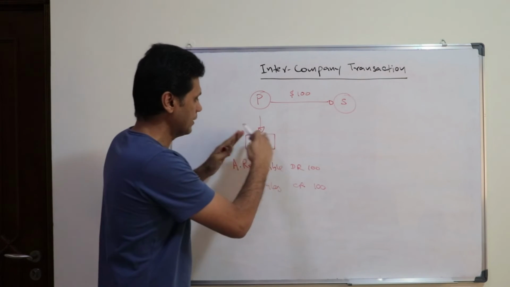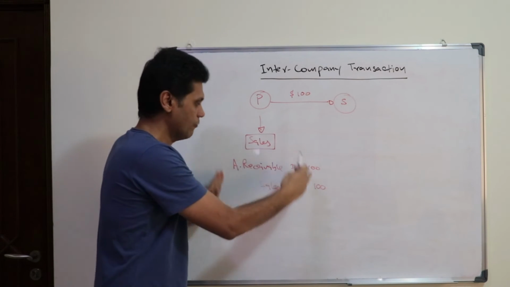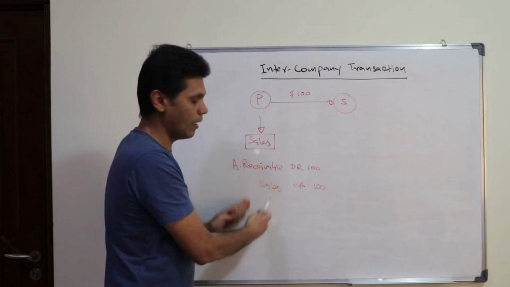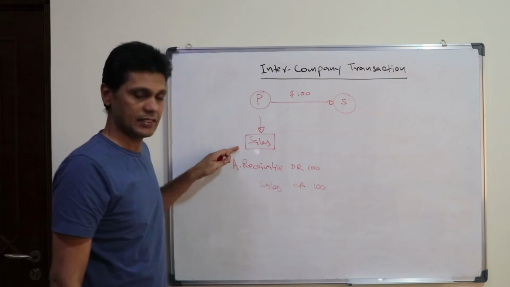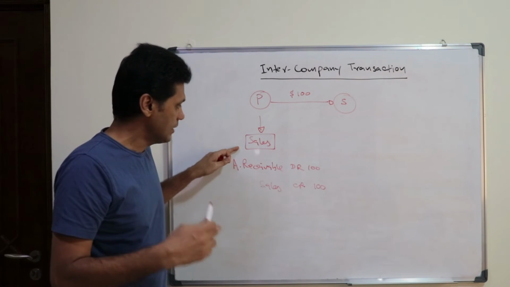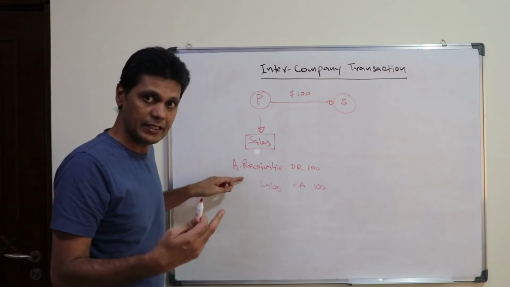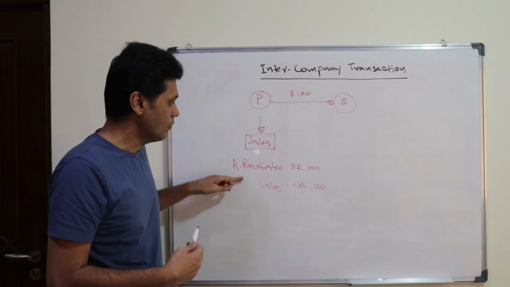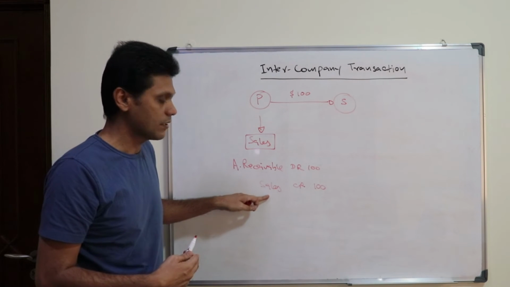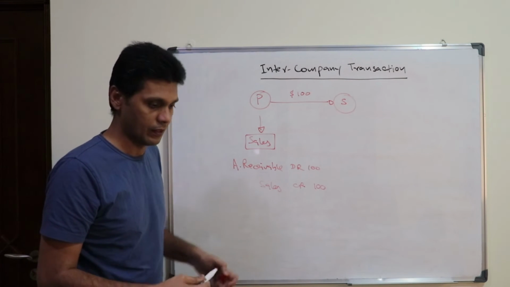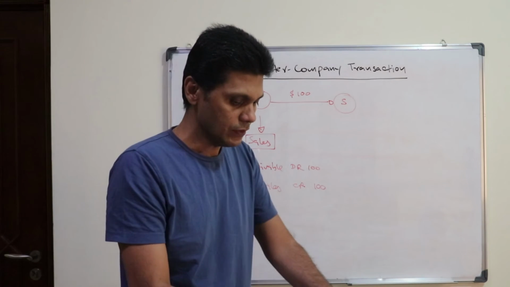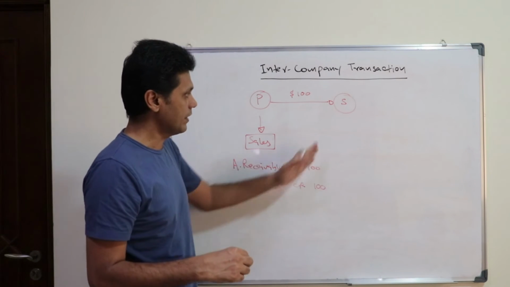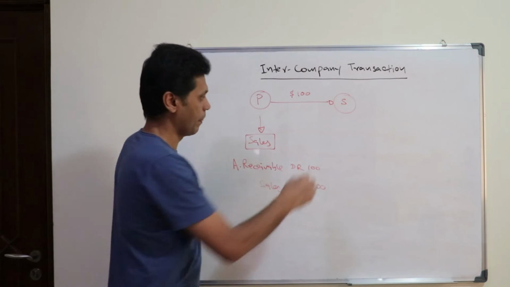In the standalone separate financial statements, P company treats this as a sale. If it's a credit sale, they will debit the accounts receivable account and credit the sales account.